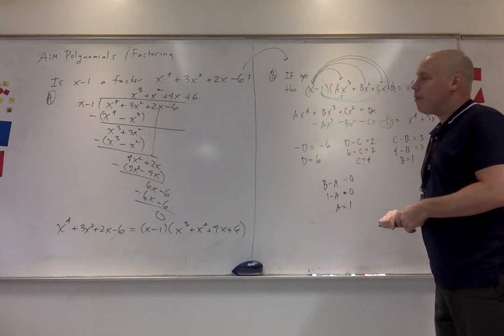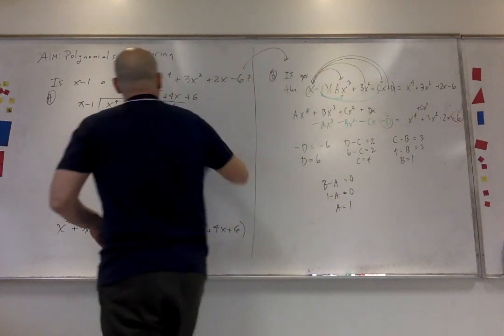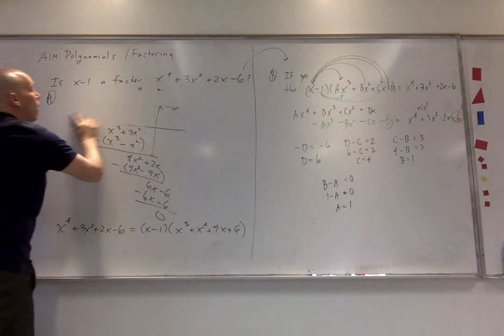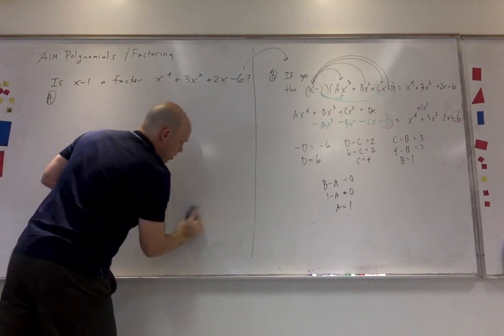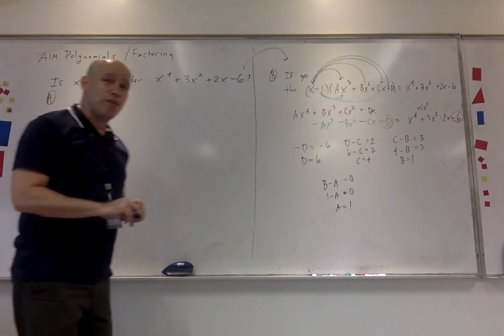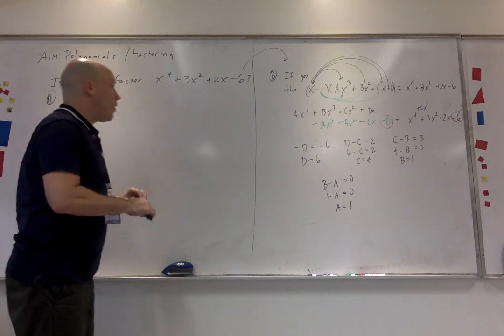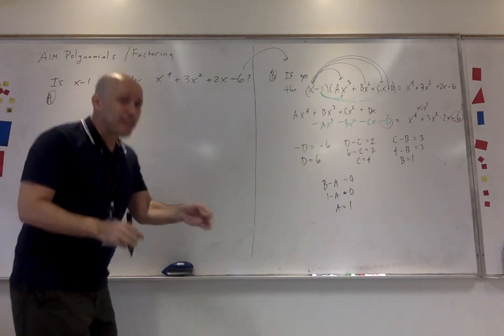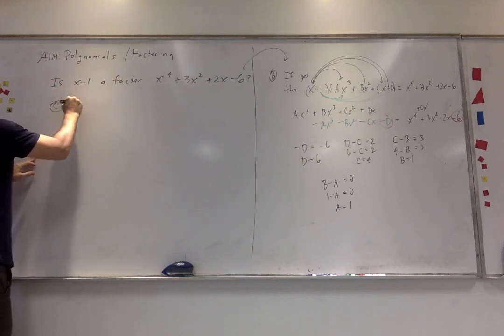Nice. Okay, let's get a little more modern. Is x minus 1 a factor of x to the 4th plus 3x squared plus 2x minus 6? The next method we can use, you'll like this a little better, is called the remainder theorem.